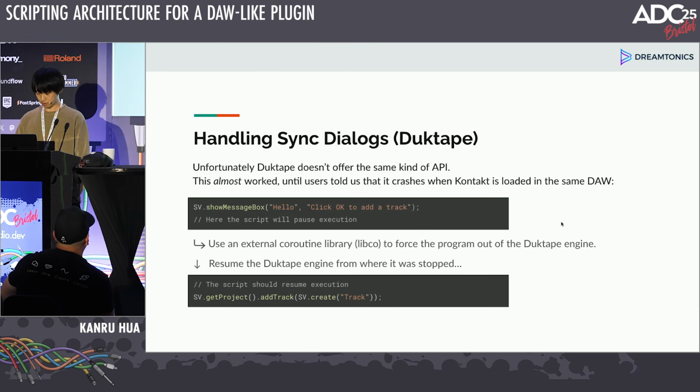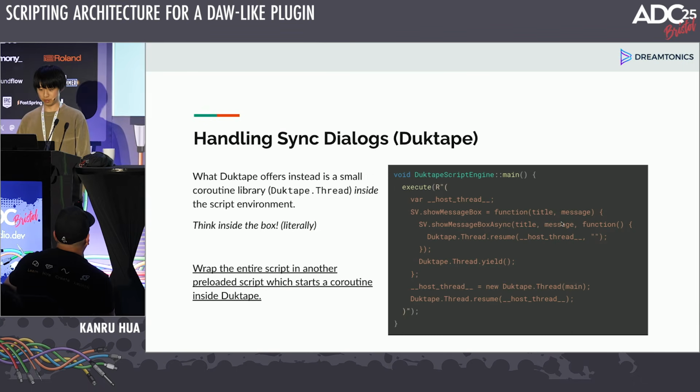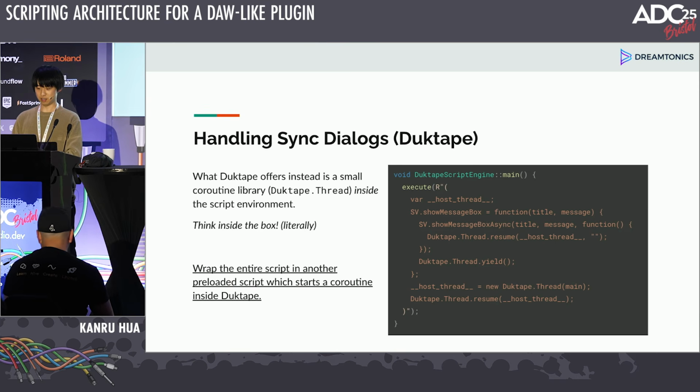But later, we realized the key to solving this problem is that we had been thinking outside the box for too long. You really have to think inside the box. By inside the box, literally inside the scripting engine. We found Duktape actually offers its own coroutine library inside the scripting environment, which doesn't seem obviously helpful, until we thought, hey, maybe we can just wrap the whole user script inside a coroutine, inside the script environment.